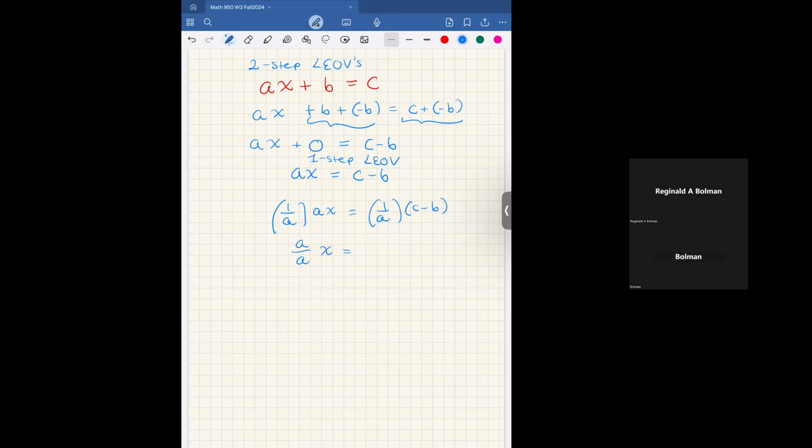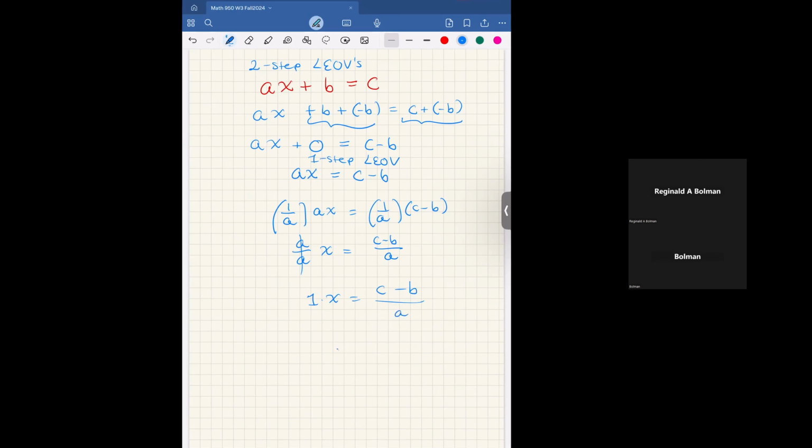We'll multiply 1 over a on the left-hand side and 1 over a on the right-hand side of our equal sign. And what that's going to do for us is we will be left with a solution. In this case, we will know that x will equal c minus b all over a.